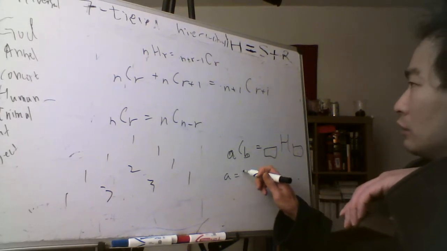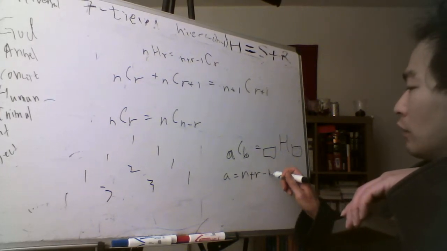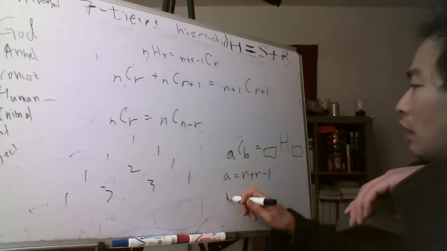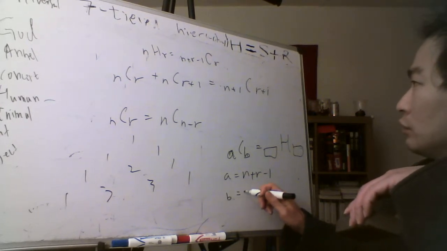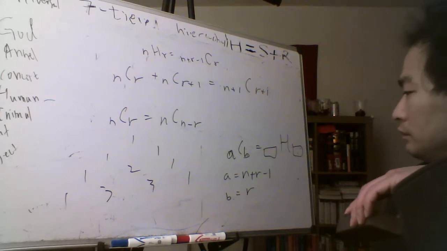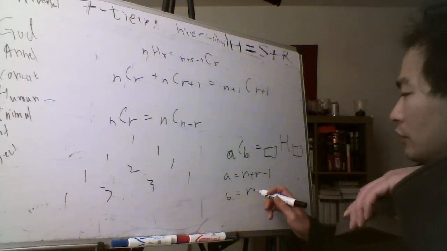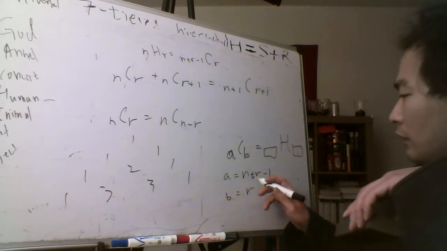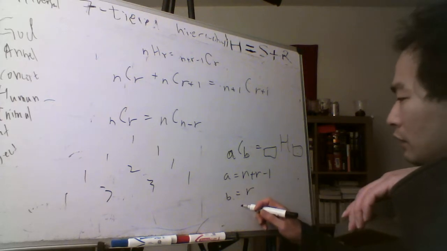A is equal to N plus R minus 1. R and P is equal to R. Okay. And we are solving in terms of A and we are solving for N and R, okay?